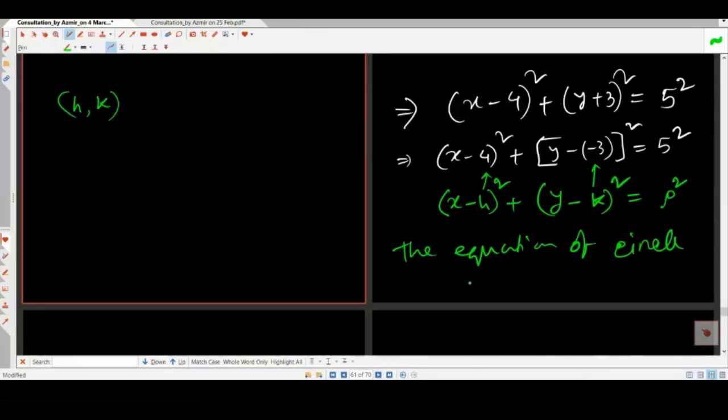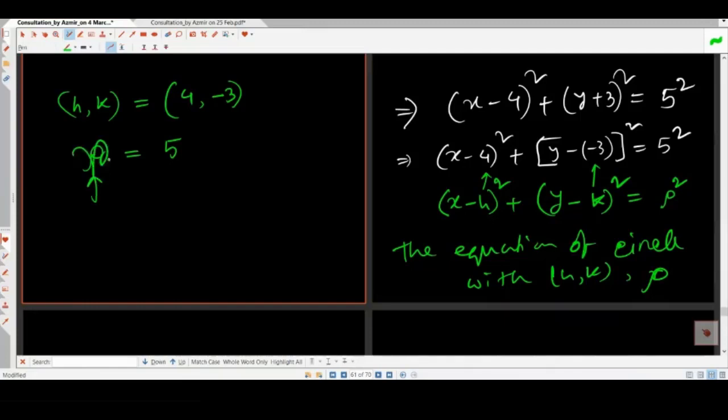It is an equation of a circle with center (a, k) and radius ρ. So (a, k) is (4, −3) and the value of ρ is 5. If you are unfamiliar with ρ, you can also write r, that is not a problem.